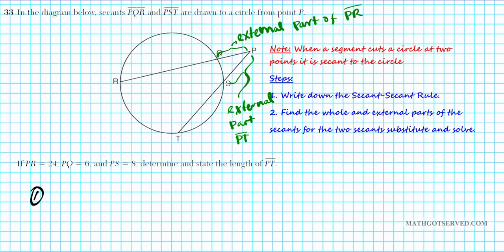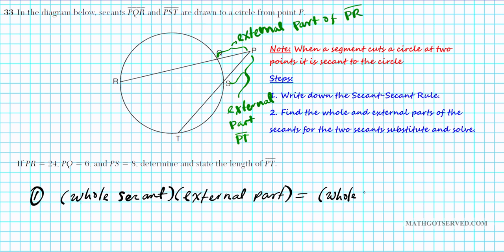All right, so now we are ready to write down the secant rule. I'm going to write it in word form first, and then I'll apply it to the situation we have here. It's the whole secant for the first secant times the external part, and if you multiply both of them together, you get the whole secant of the second secant times the external part.